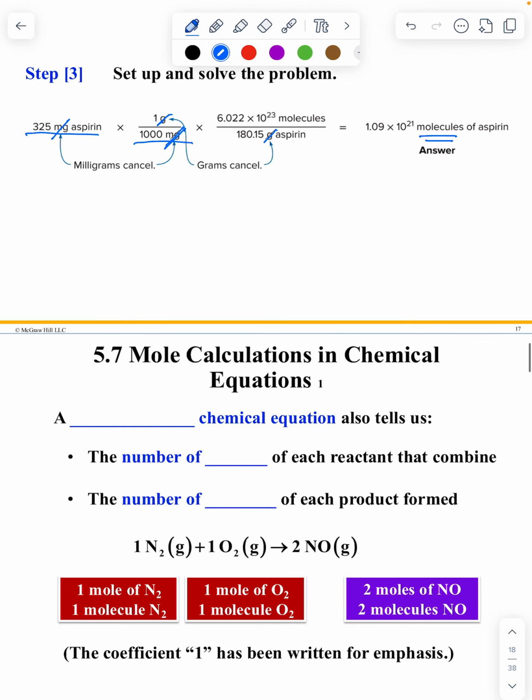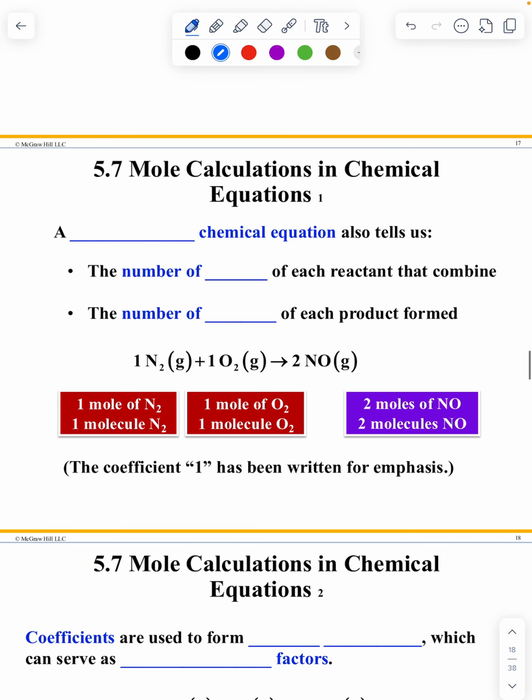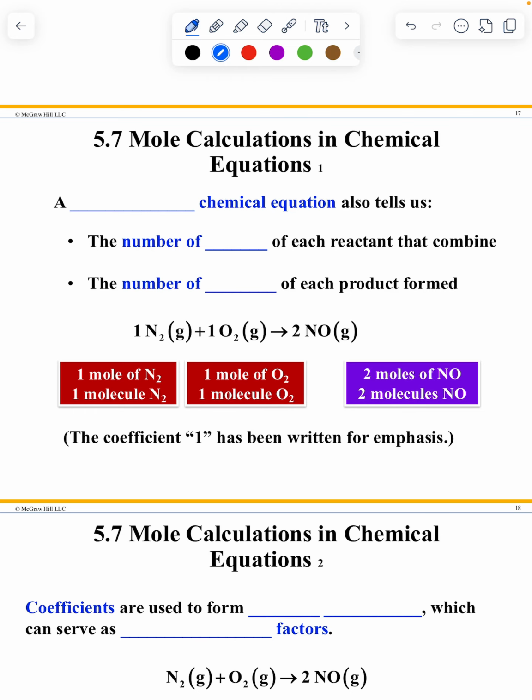When you have a balanced chemical equation, a balanced chemical equation tells us the number of moles of each reactant that combined, and it also tells us the number of moles of each of the products that are formed.